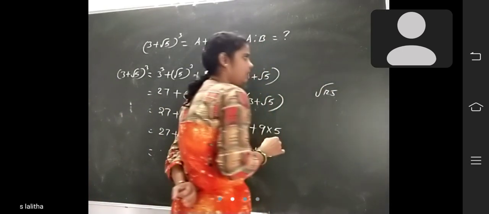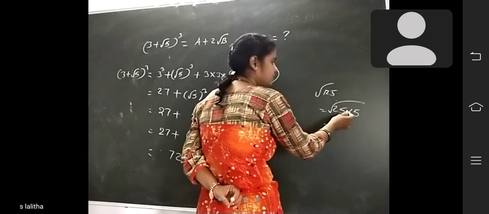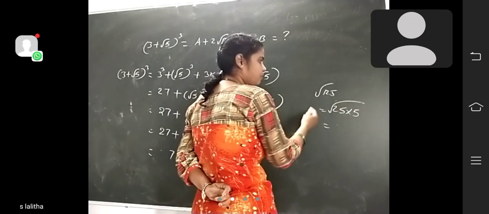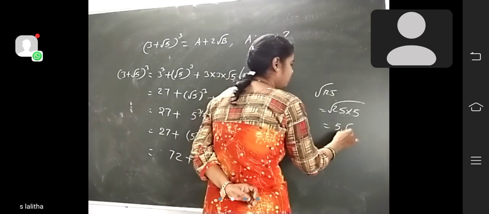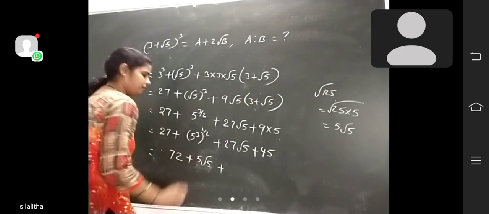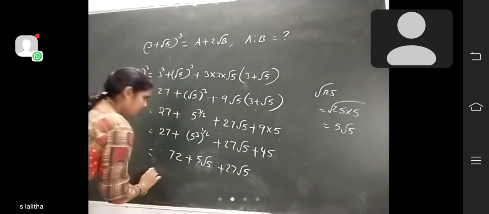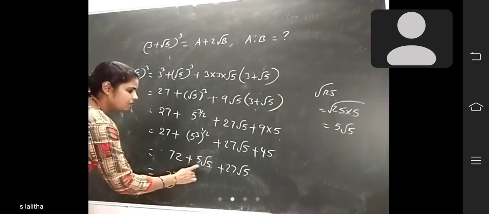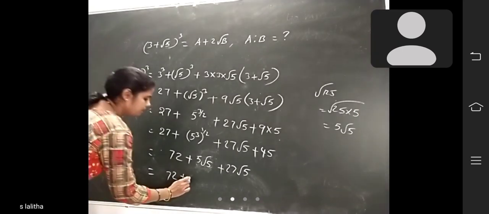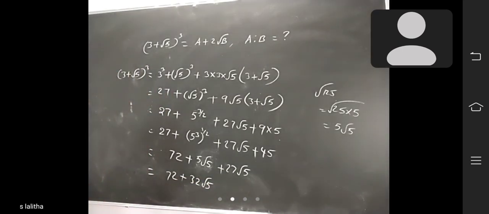Square root of 125, how can you write? 25 into 5. So this 25 you can take out from the root. What will become? 5 root 5. So you can write 5 root 5 plus 27 root 5. So 72 plus 5 plus 27 how much? 32 root 5.